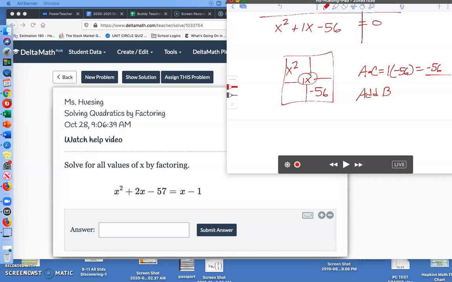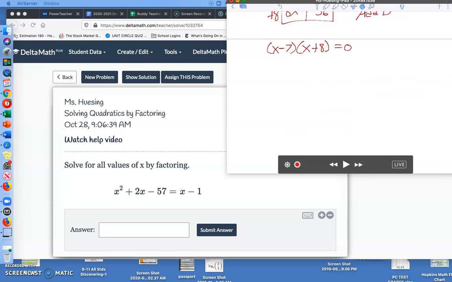Well, I know 56 is 7 times 8. So to add to 1, that would have to be negative. So negative 7x and 8x. So we have it factored into x minus 7, x plus 8 equals 0.